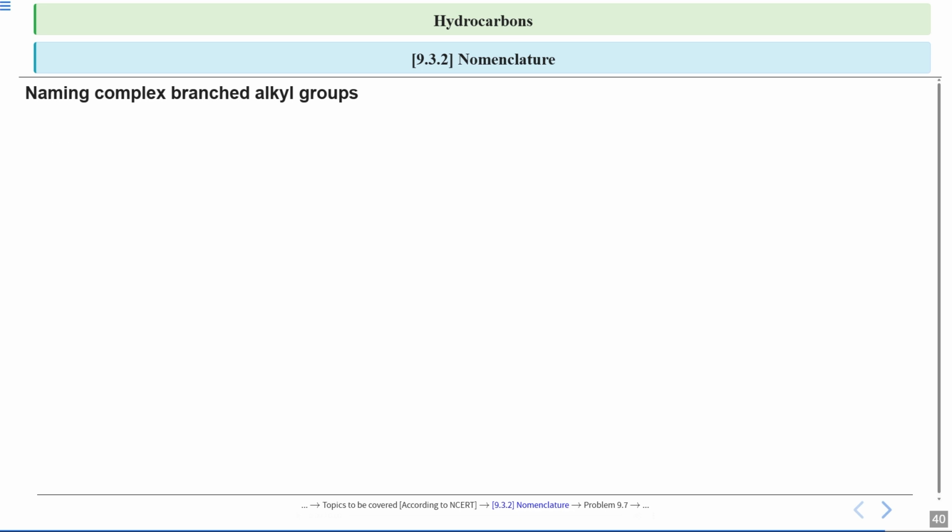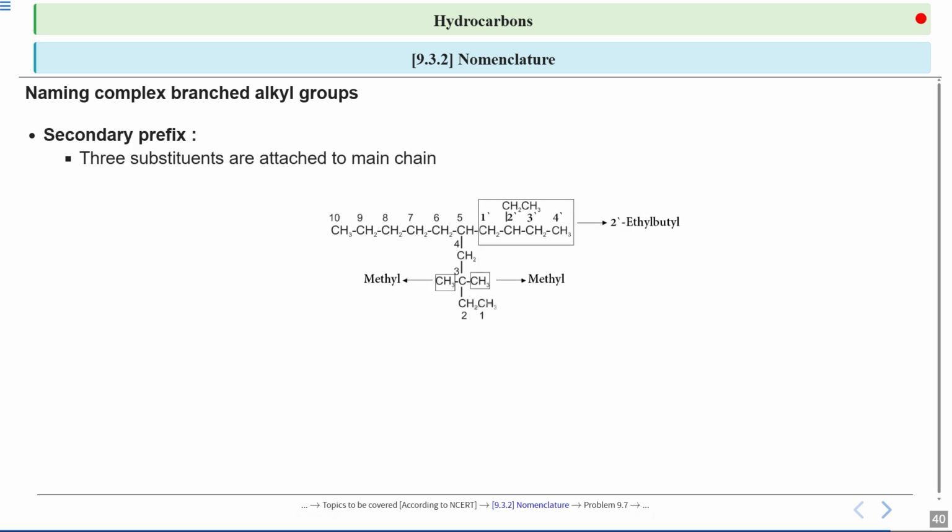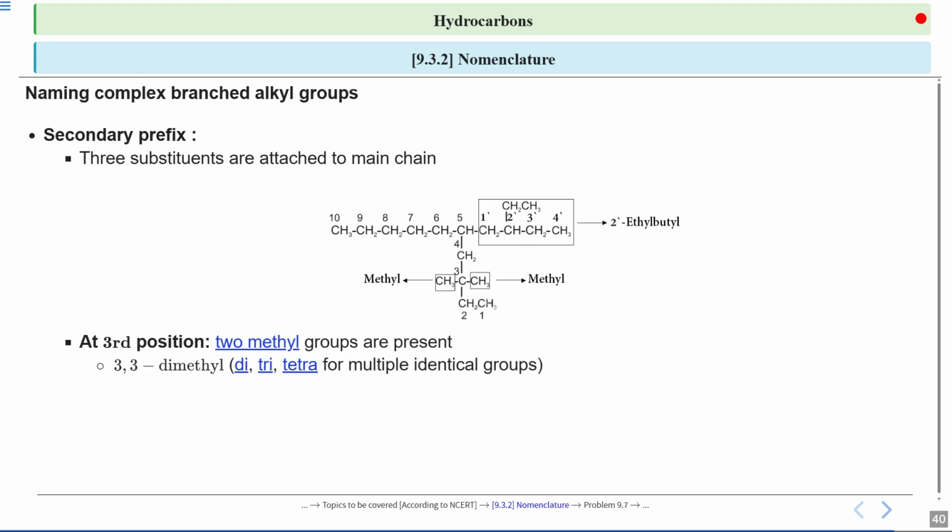Now, we got our correct numbering, therefore we can move on to the secondary prefix. Three substituents are attached to the main chain, which are 2-ethyl-butyl, methyl and methyl. How is this name kept? Let us have a look at it. For that, we do a separate numbering, starting from the point of attachment. In this view, on the second position, we have this ethyl.